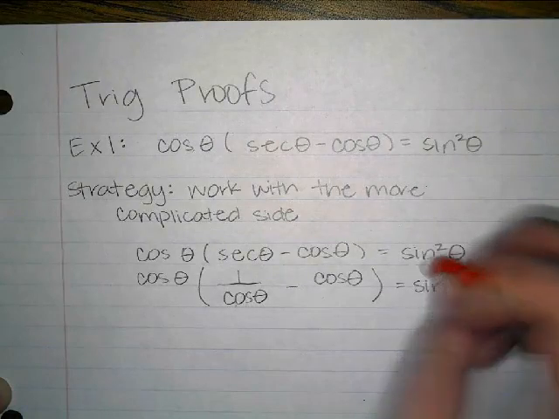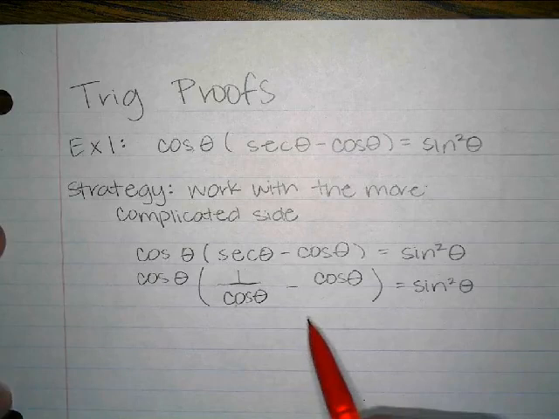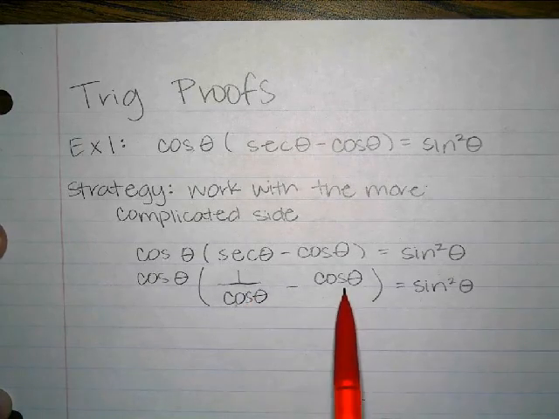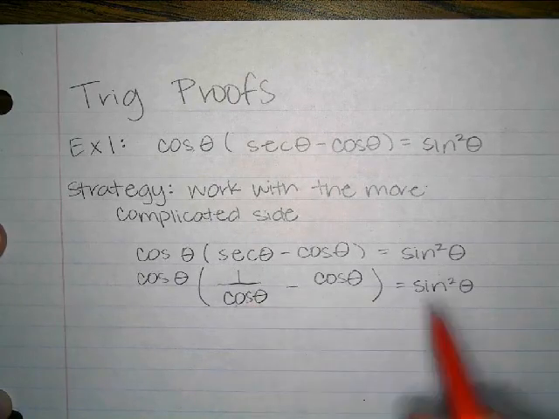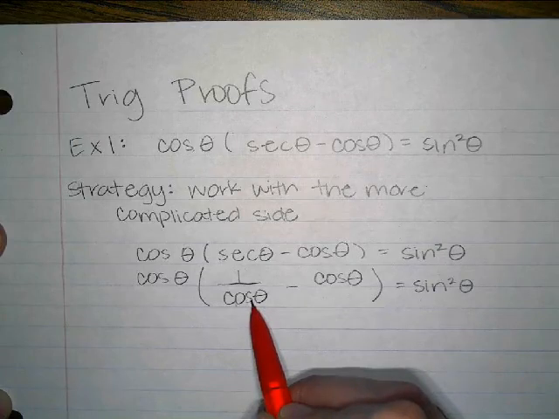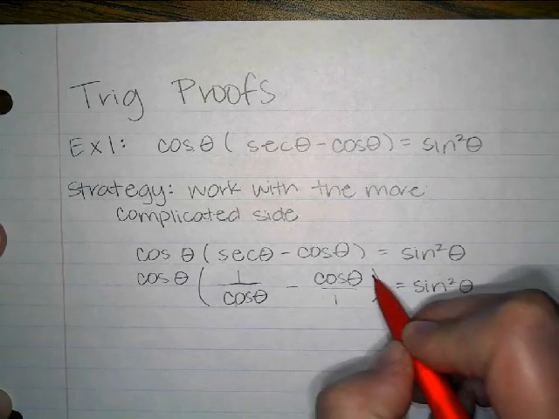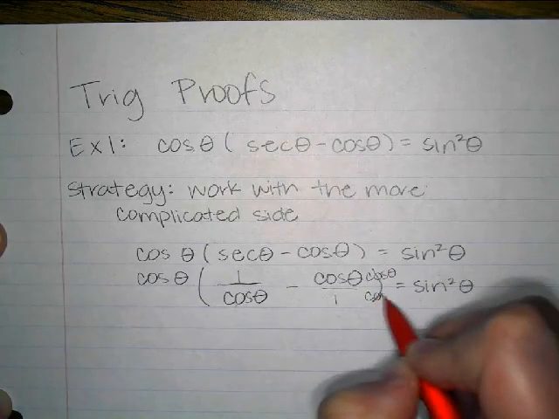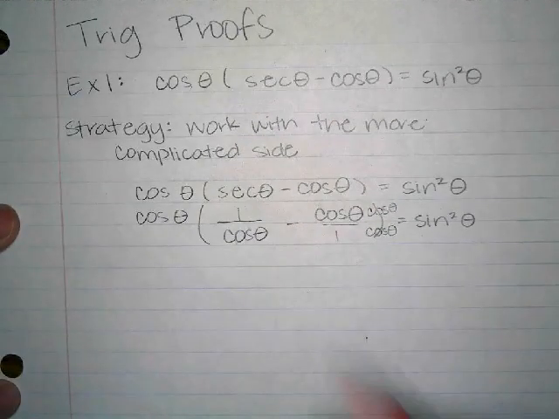Now, if we have a fraction and something else next to it, what are we supposed to do? Common denominator. So I'm going to go ahead and do that. If I've got cos, this is cos over 1. I'm going to multiply by cos over cos so that I get that common denominator. So inside my parentheses, I have a common denominator of cos.